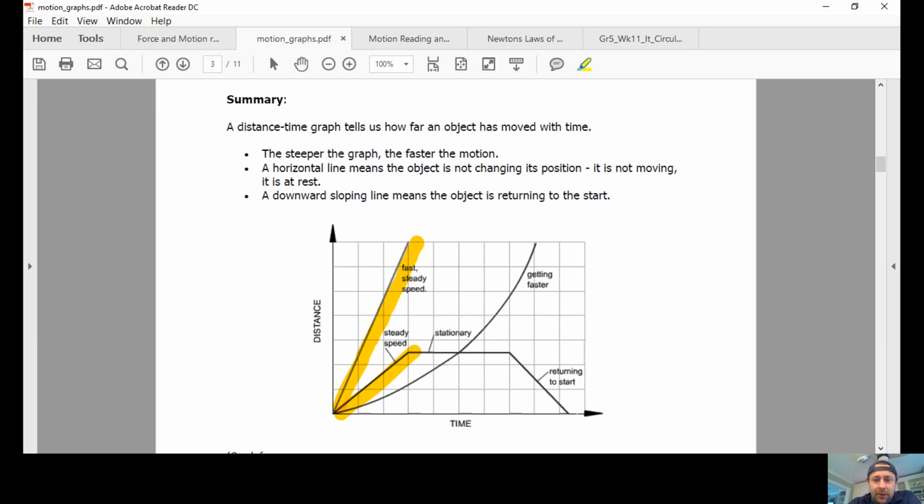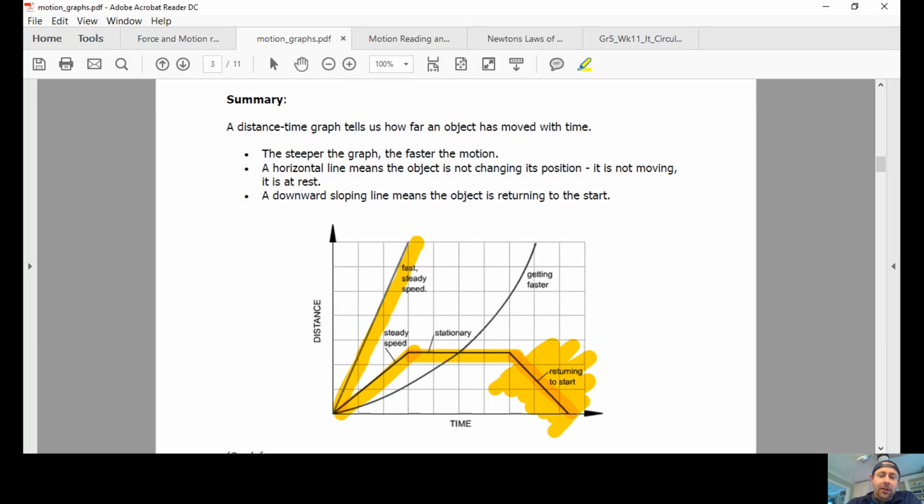But then we notice that, wow, we're not gaining any distance. So therefore they're stationary or at rest. Now this is where it gets kind of confusing, and I don't really worry about this part very much. It says returning to the start. What I would do is not worry about that. All right, that's kind of ridiculous.